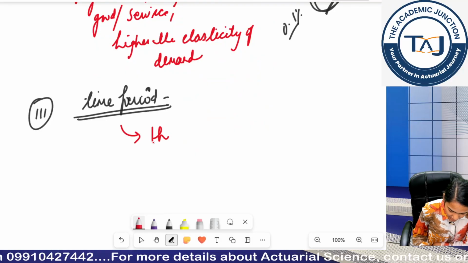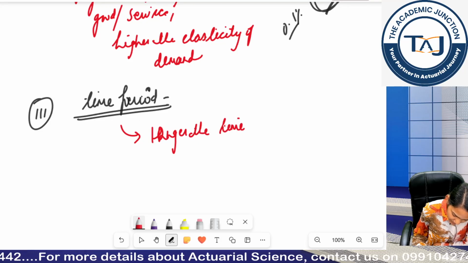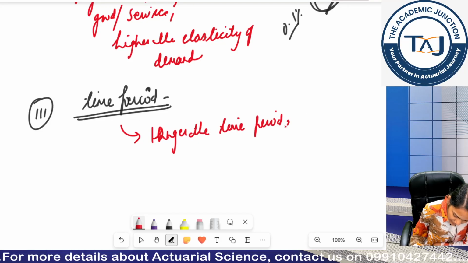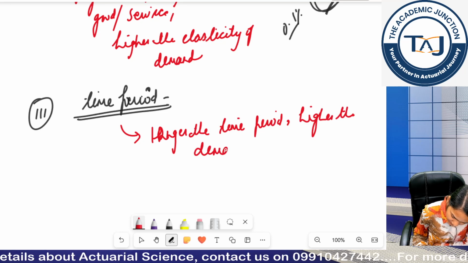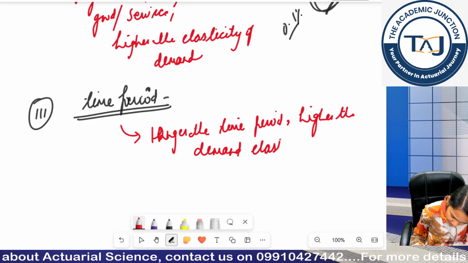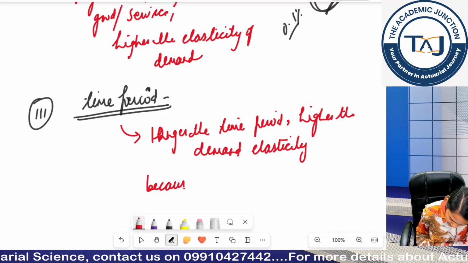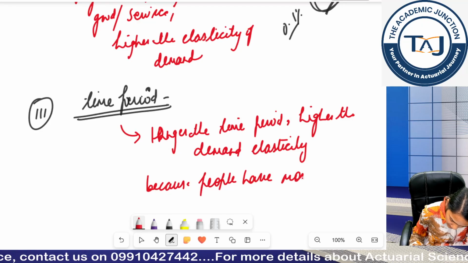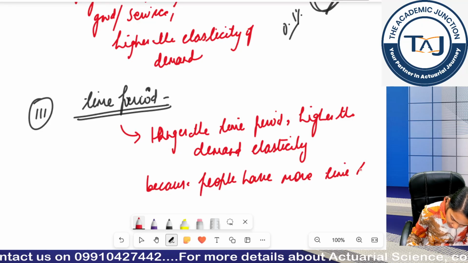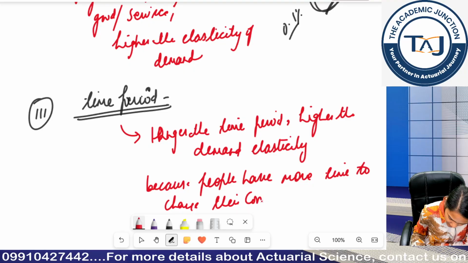So write: the longer the period, the higher the demand elasticity. Because people have more time to change their consumption pattern.